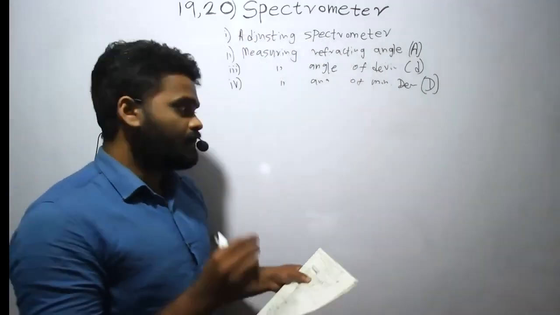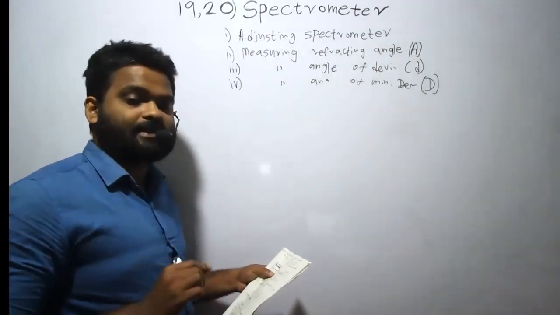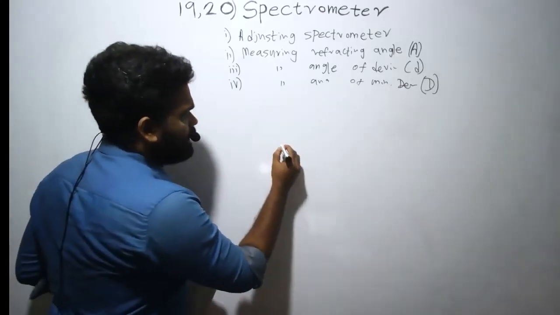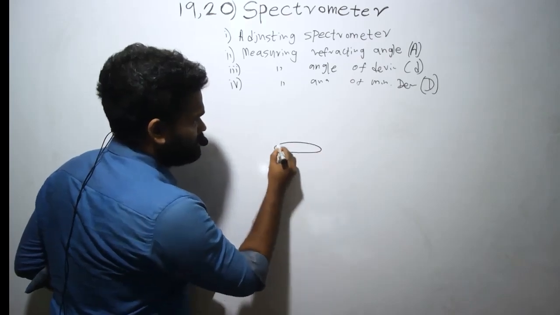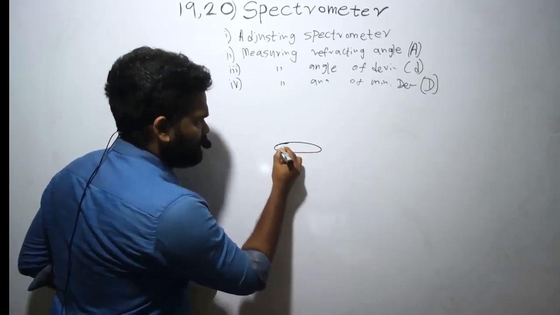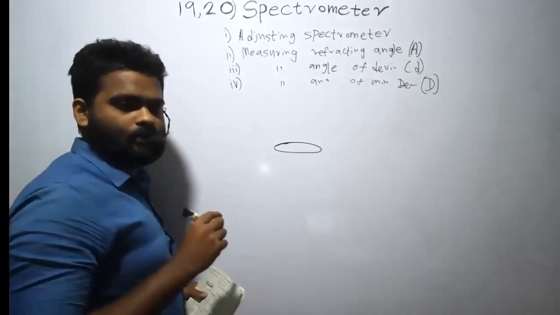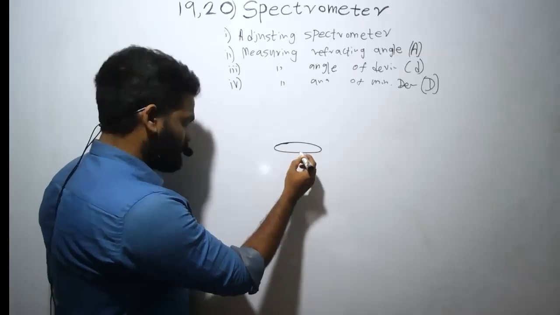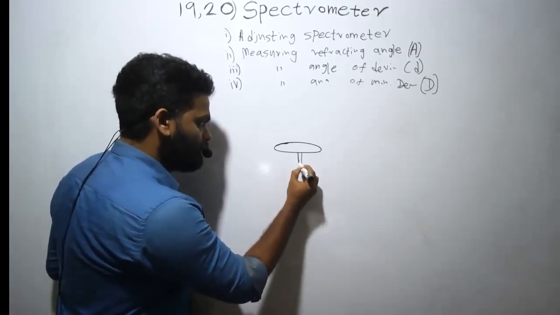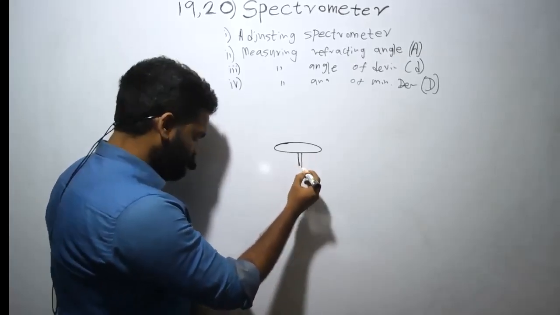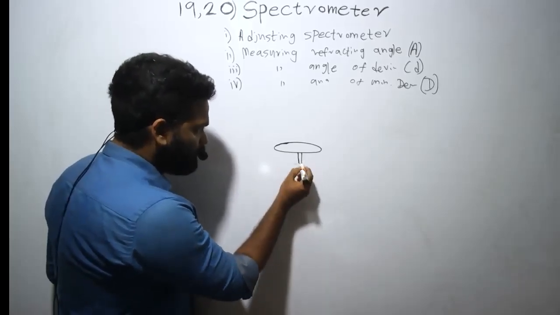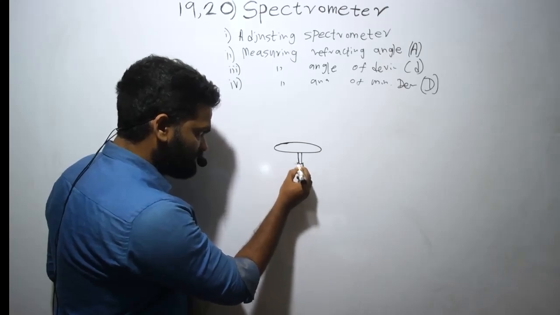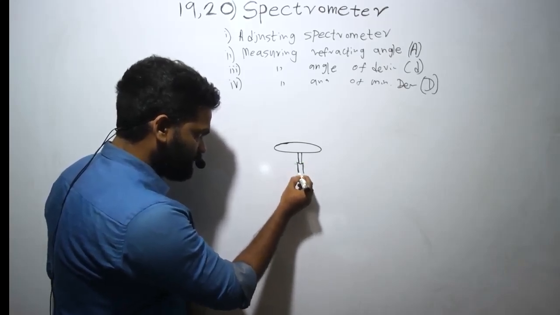So this is a simple sketch of the spectrometer. The spectrometer has a prism table. Some of you might have used this in school. If you want, you can draw this with me. It is attached here. You can rotate the prism table around this bar.